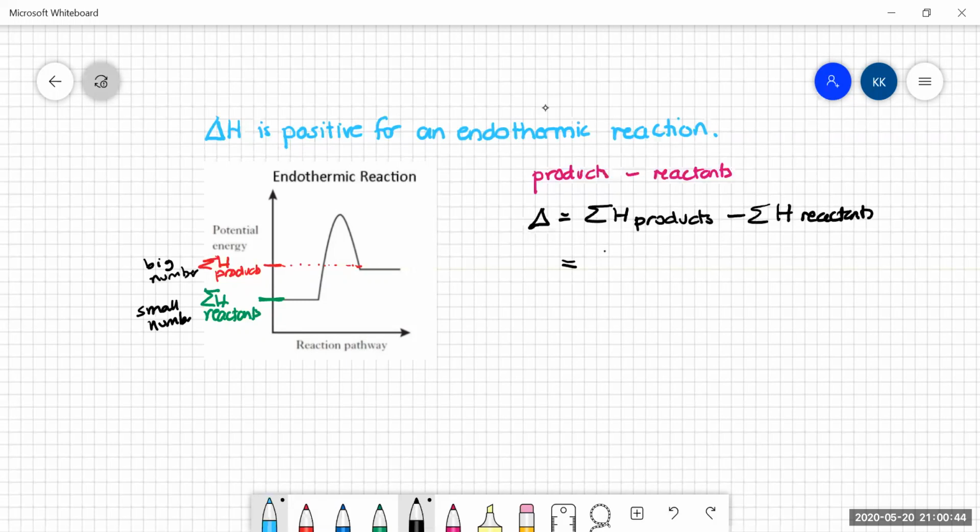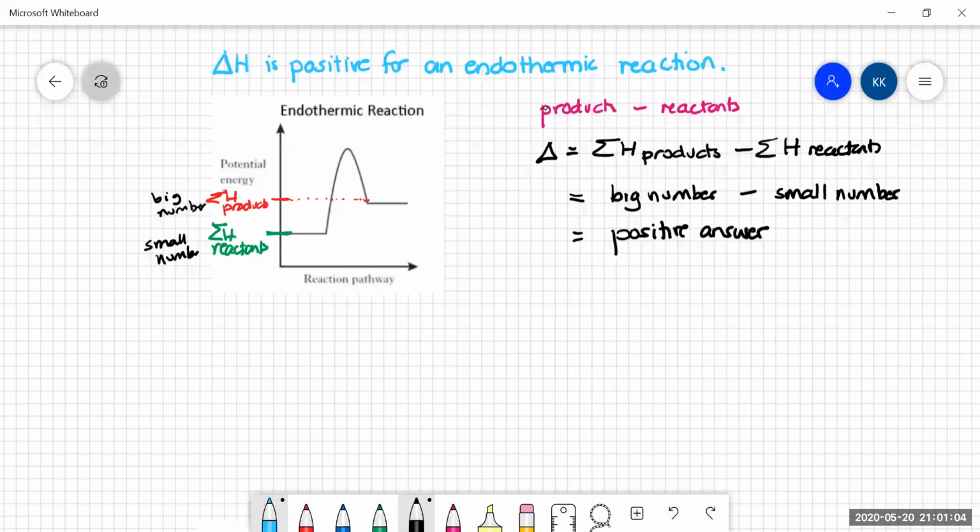So now we're going to have the big number, and we're going to take away the small number. And of course, if you have a big number take a small number, you get a positive answer. And that is where the sign convention comes from.